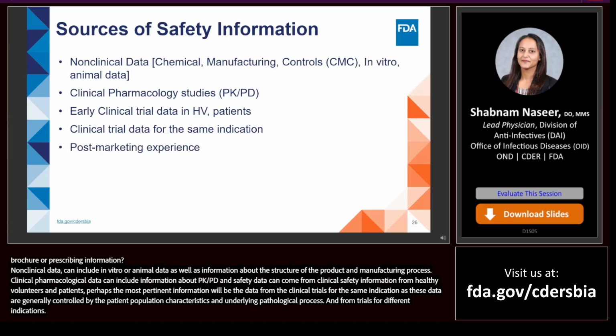You can also have information in the IB or prescribing information from post-marketing experience, the published medical literature, and last but not least, safety profiles of drugs in the same class.